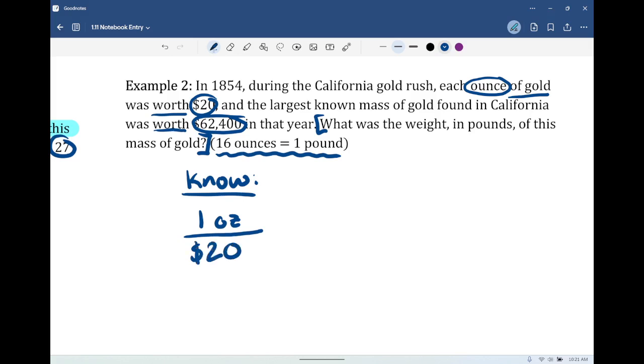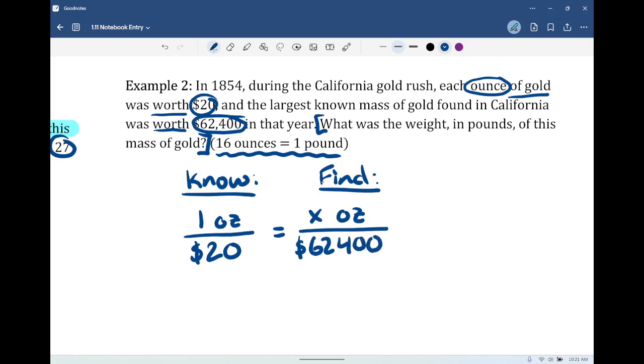The question, though, is, well then, how much did the piece weigh if it was worth $62,400? Do I know how many ounces that is? No. So what should I use? X. So I'm going to have X ounces over 62,400.